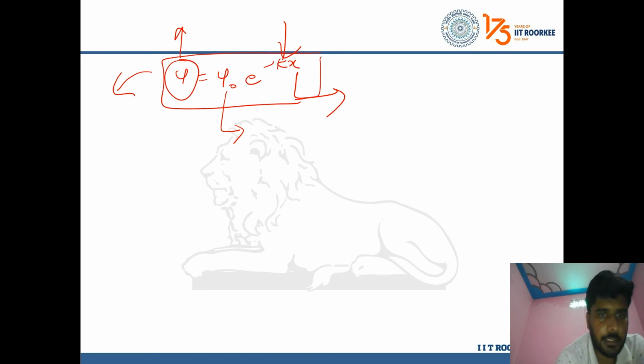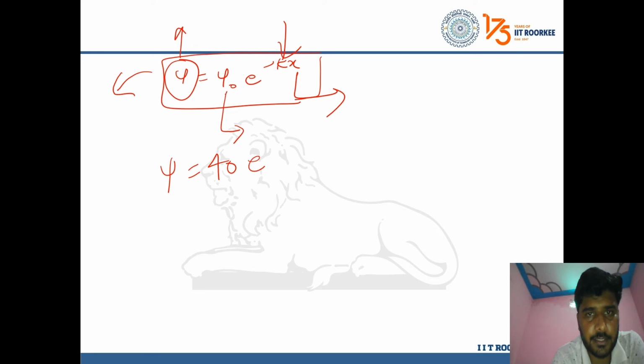I will share the complete solution with answers also, but here there is a time limit, so I can just elaborate the things. The kappa value you will get from the first question, and you put in the separation distance, and do simple calculations.